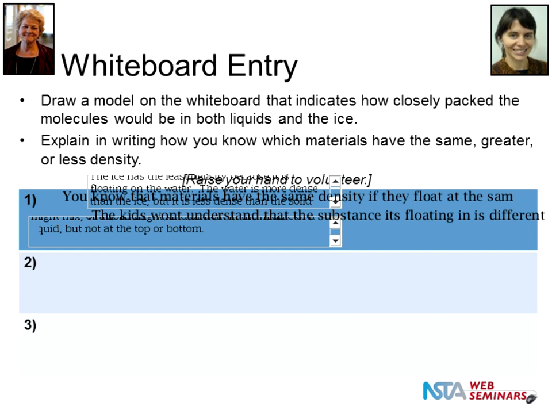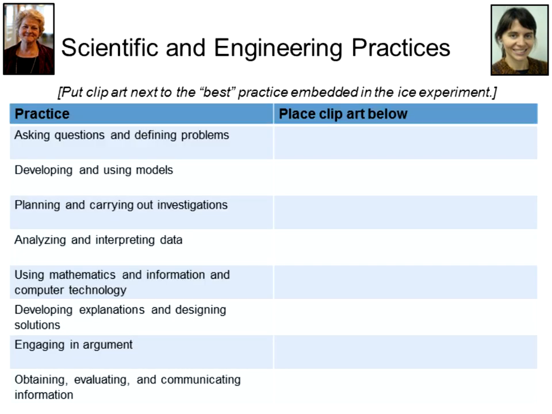So we're going to freeze this frame just for a moment, and we're going to go ahead thinking that what the kids have now done is a kind of dot diagram trying to show the difference in the density. They've talked to each other, they've drawn their picture, and then now they've actually written a statement. So what I want you to do as a group for a second is go back in your mind to the practices that we have in the next generation science standards, and these are the 8 of them that are listed for you, and think about the activity.